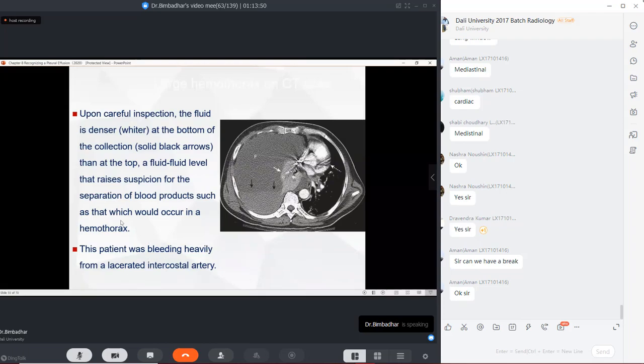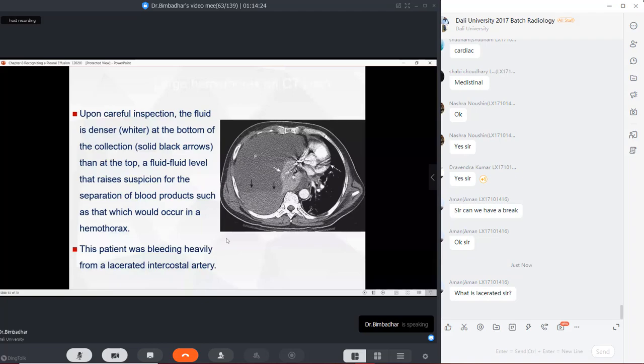The vein, artery, and nerve are positioned along the inferior border of the ribs and costal cartilage, and that is how the positions are from above downwards, right? So in the middle you have the intercostal artery, and that one has been lacerated, which usually produces this kind of appearance. Lacerated means torn, a tear.